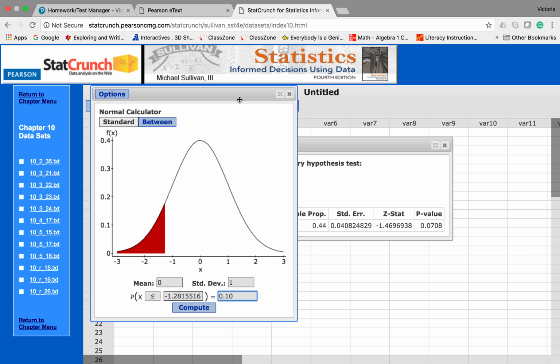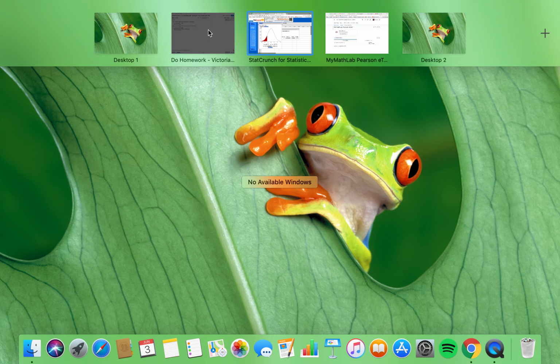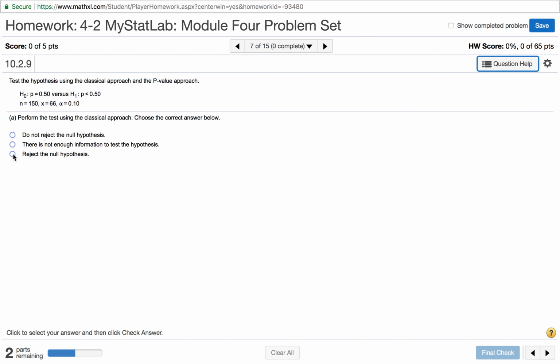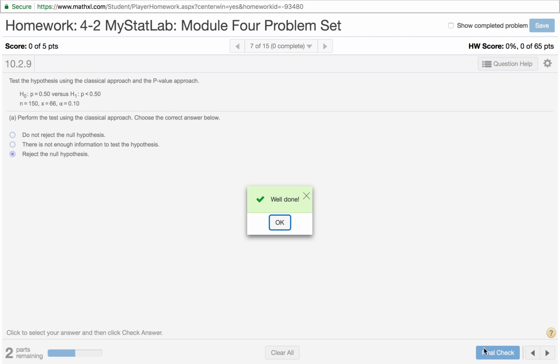My z-stat was negative 1.47 approximately. Now we have to ask ourselves, is negative 1.47 in the rejection region? Because this is negative 1.28, negative 1.47 would be this way because it's a little bit bigger negative-wise, and it would be in the rejection region. So because it would fall in the rejection region, we would reject H naught. So going back to my problem here, we would say reject the null hypothesis.